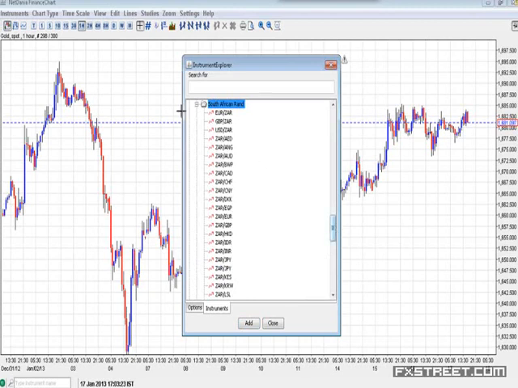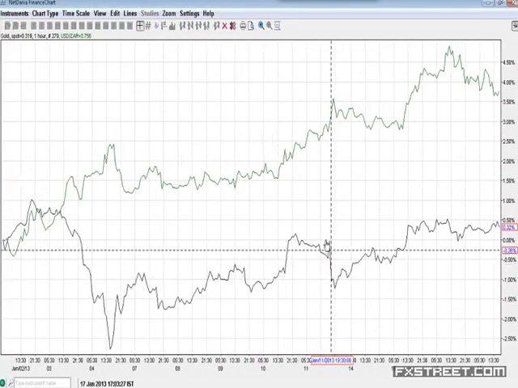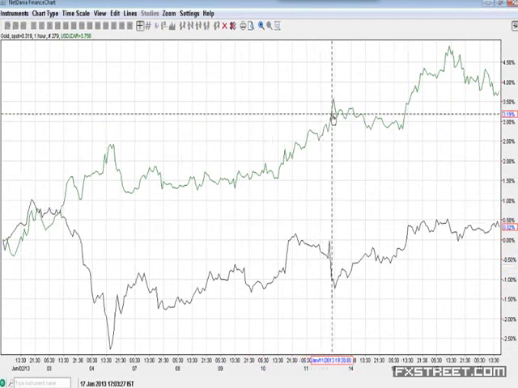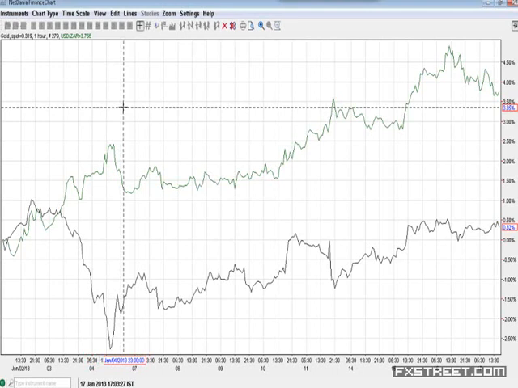Do you have USD ZAR? Oh, there it is. Sorry about that. There you go. So what can you make out? Mirror images, absolute mirror images. That's right. Very, very strong inverse correlation, and this is on a 1 hour. We are still on the 1 hour, but a very strong correlation even on the 1 hour.